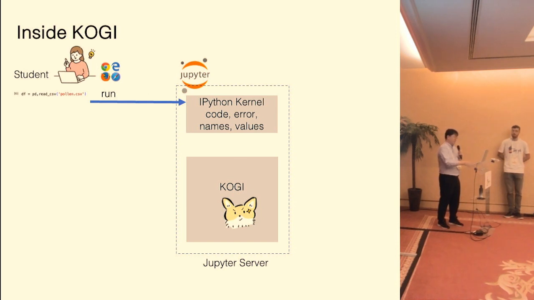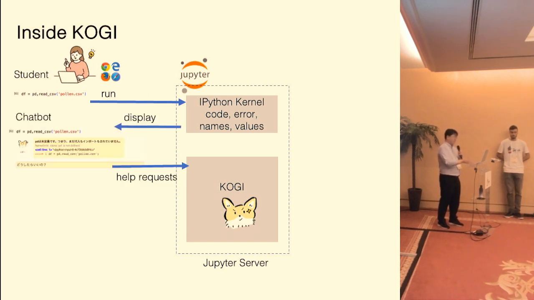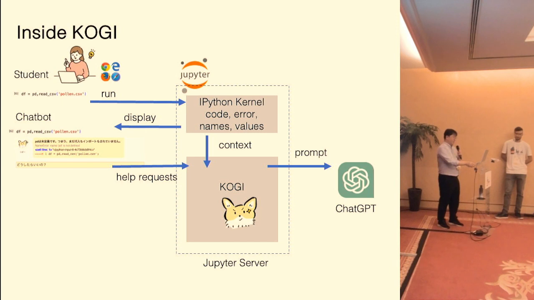When you run some code in the browser, the Jupyter kernel executes it, and if an error happens, the Jupyter kernel displays a chatbot. Using this chatbot, you can send a help request to KOGI. Once KOGI receives the help request, it extracts the code, the errors, and the names and values of variables from the IPython kernel.